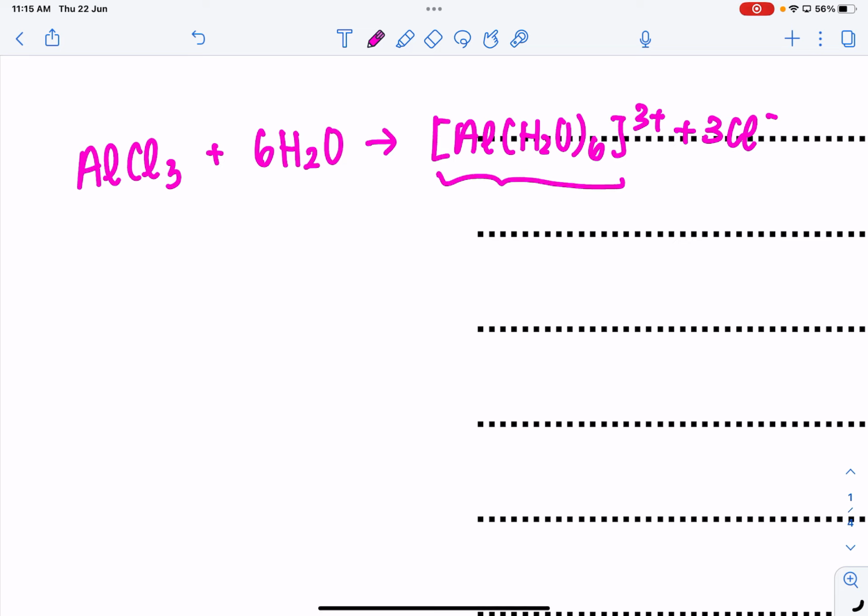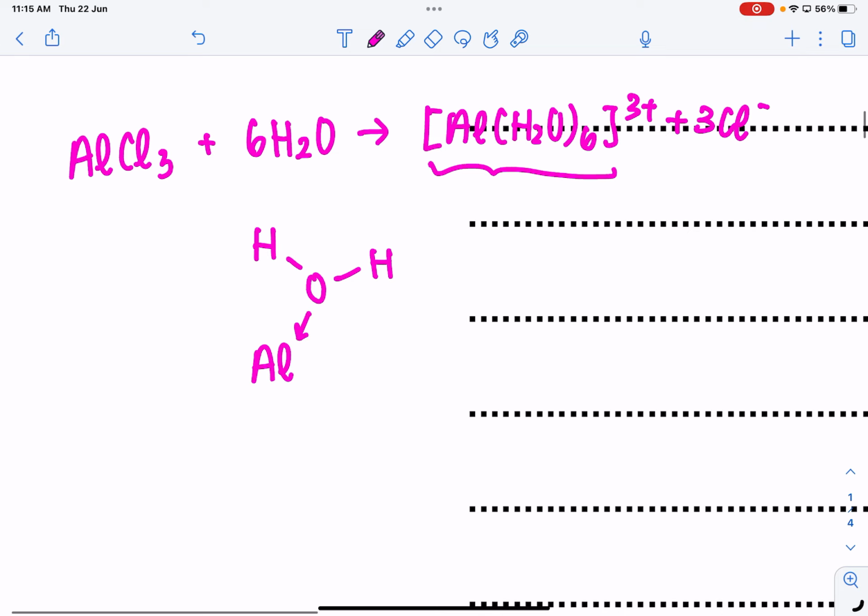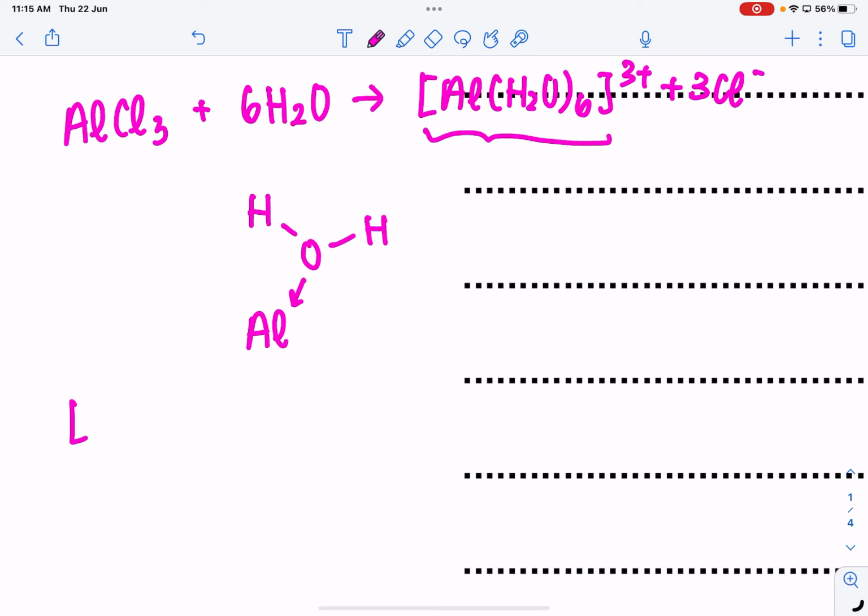it will polarize the electron cloud of your H2O. Because your H2O here, HOH, there should be electron density on the oxygen atom. So since your Al is here, it will pull it towards. Then what will happen is that your Al(H2O)6 3+ will react with another water molecule.